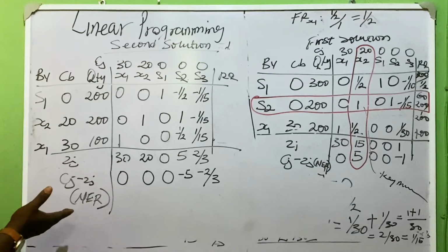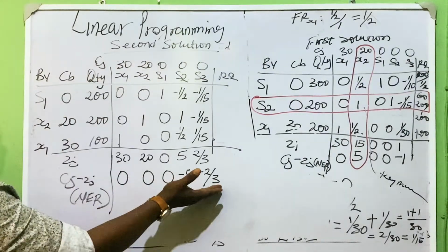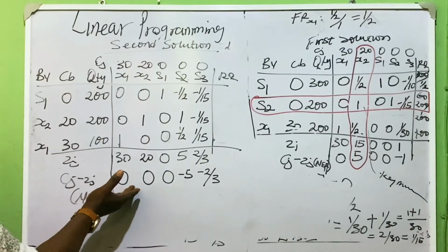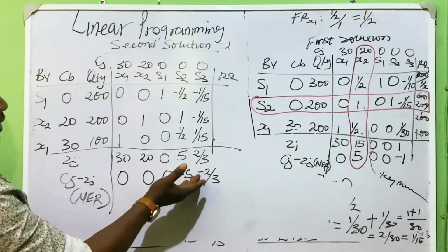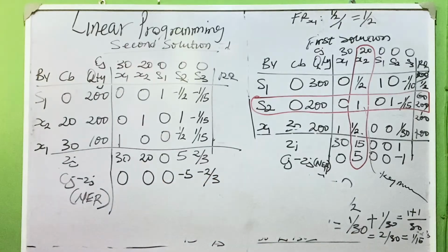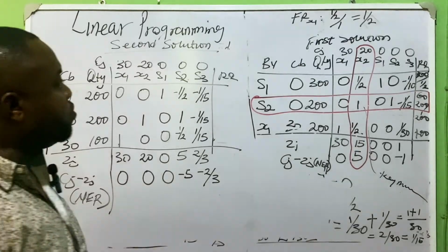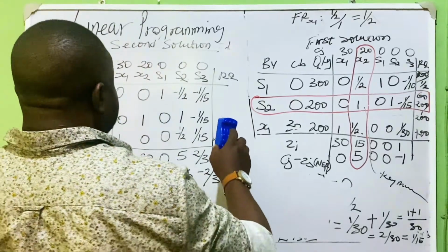So by inspection of the entries in our net evaluation row, we have 0, 0, 0, minus 5, minus 2 over 3, which simply means that we do not have any positive value there, and that suggests that we've attained optimality. So, having attained optimality, what's our decision? What's the product combination that will yield the highest profit? So, we are going to run this.